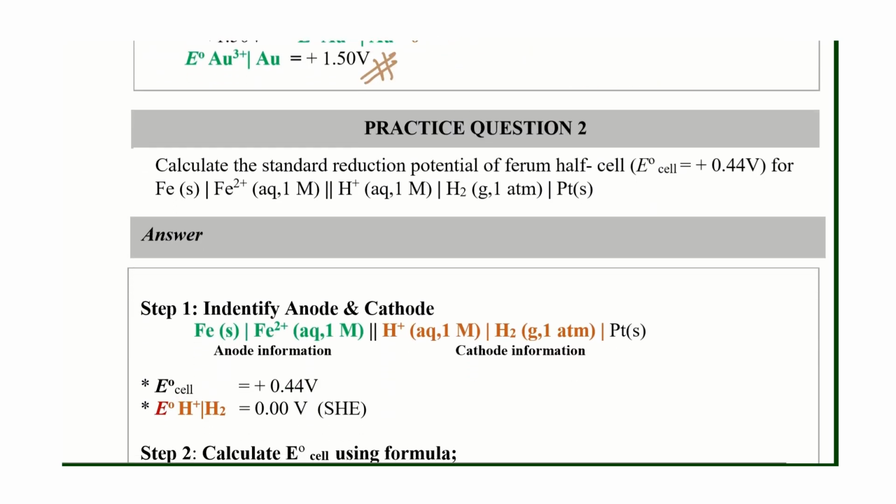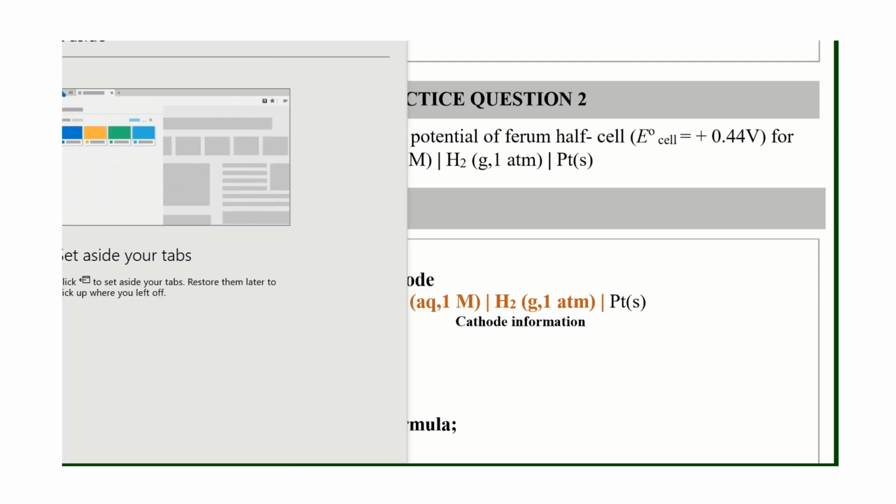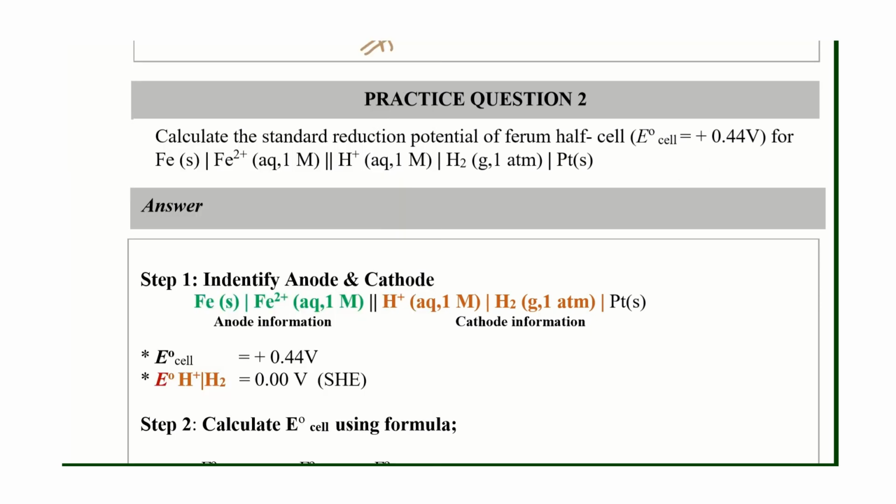Practice question 2: calculate the standard reduction potential of the ferrum half cell. E°cell is given as positive 0.44 volt, and here we also have the cell notation.